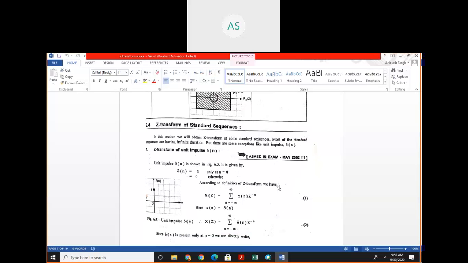For two-sided sequence, means if the sequence exists for positive and negative values of n, in that case ROC is entire z plane except mod of z is 0 and mod of z is infinite.